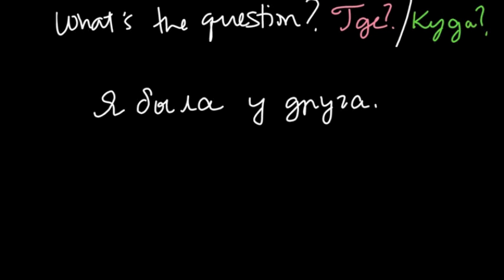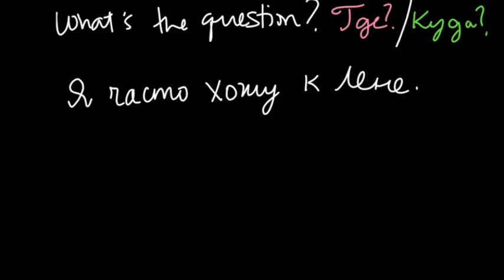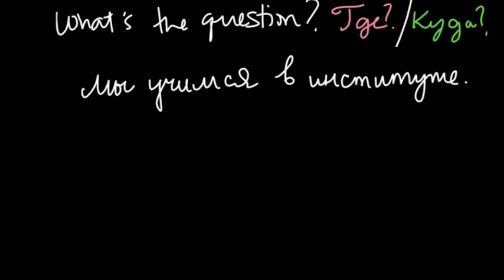Я была у друга. Где? Я была у друга. Где или куда? Я часто хожу к Лене. Куда, конечно. Я хожу к Лене. Где или куда? Мы учимся в институте. Где? Мы учимся в институте.